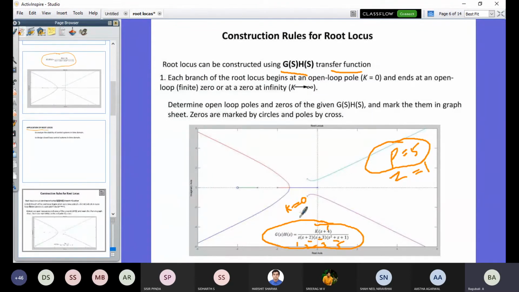Okay, 2 complex poles, located in the left half of the s plane. Clear? I will come to that point later. So you can assume that there are 5 open loop poles and 1 open loop zero. I told you that the number of root locus branches is equal to the number of open loop poles. How many open loop poles now?